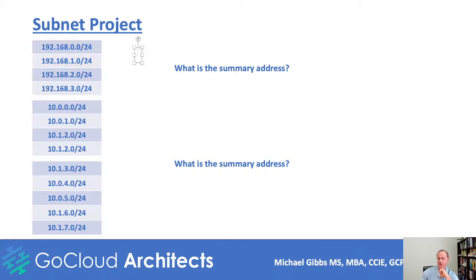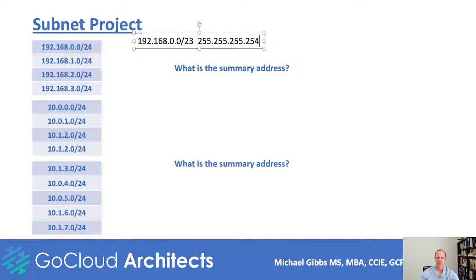I'll give you a hint. 192.168.0.0 and the .1 could be summarized with a /23. This address will literally provide reachability for both. And what's that subnet mask going to look like? It's going to look like 255.255.255.254. That's what this mask would look like.